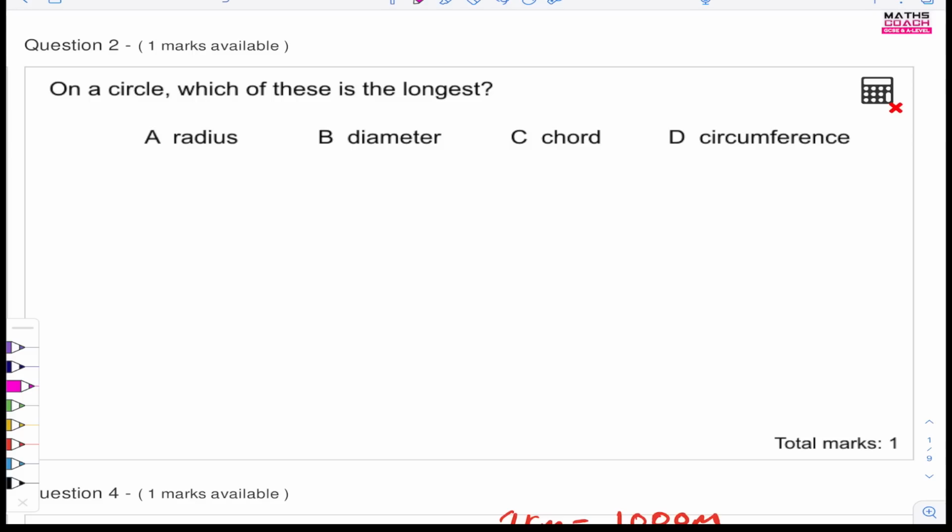Question 2. On a circle, which of these is the longest? Radius, diameter, chord, or circumference? Well, let's quickly draw a circle and show you what all of those are. So you have the center here. This is a radius. From here to here, which is 2 of the radiuses, is a diameter.